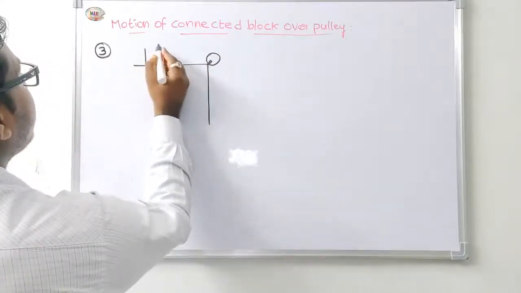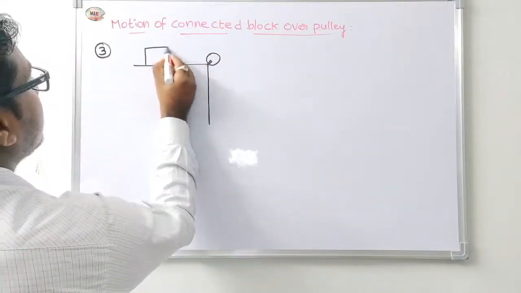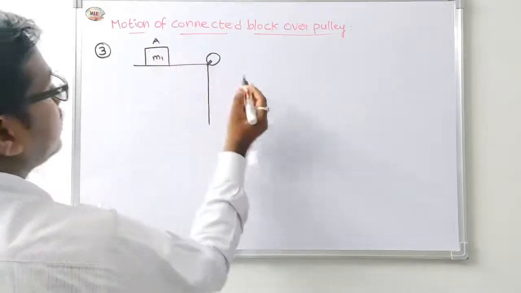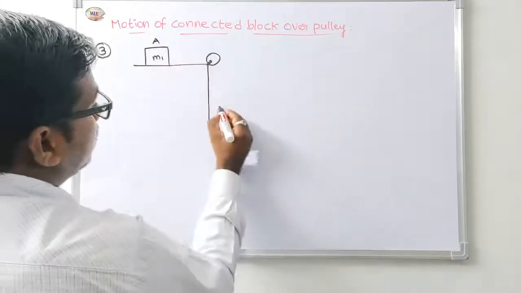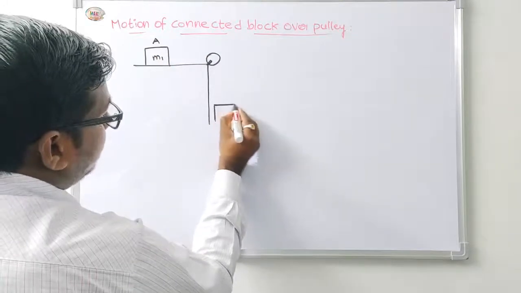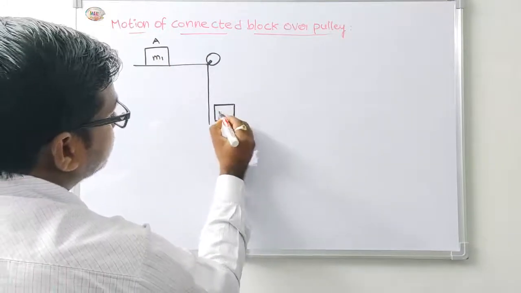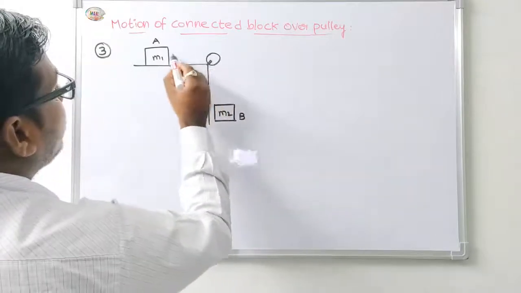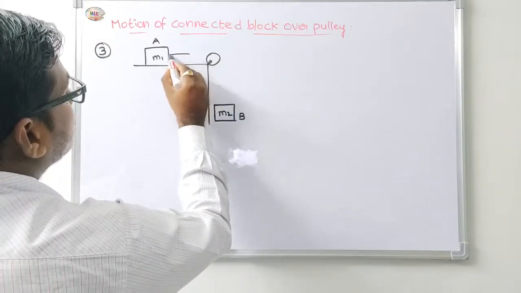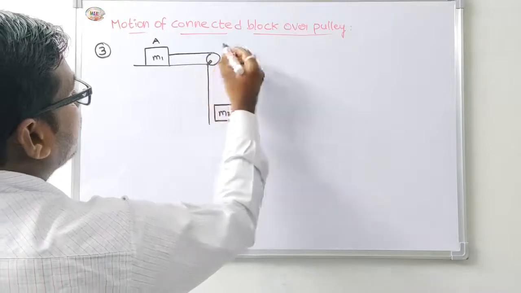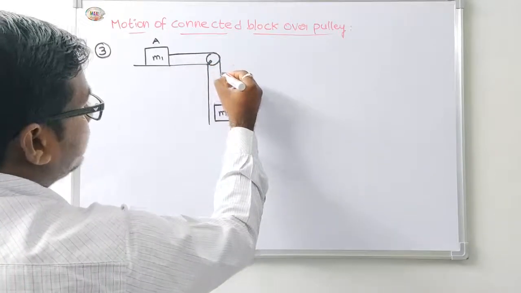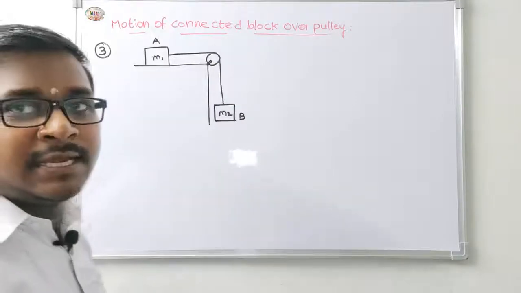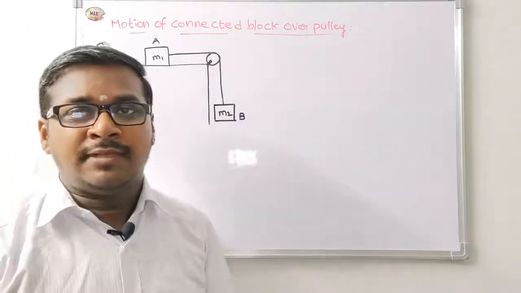A block of mass m1 lies on the table, and another block, m2, hangs over the pulley, connected by a string in this way.